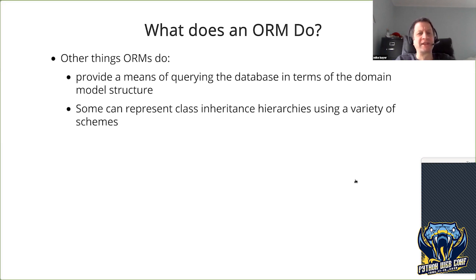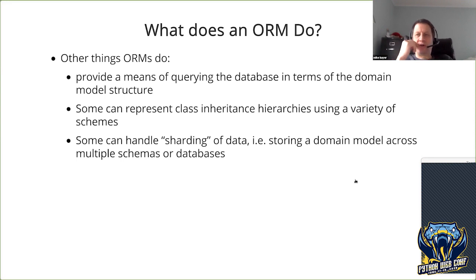Some ORMs can represent class inheritance using a variety of schemes. SQLAlchemy supports 3 of these right now. ORMs can do sharding if you want your data to be separated across different kinds.